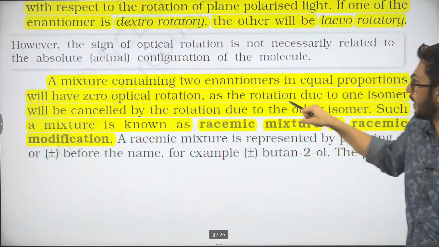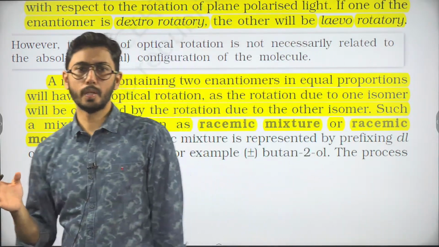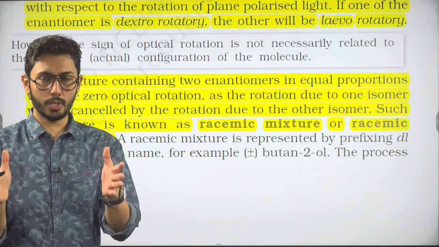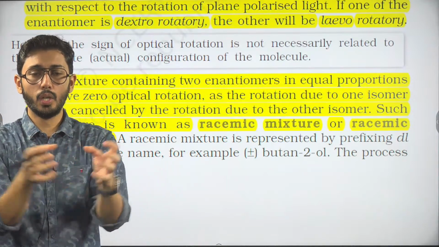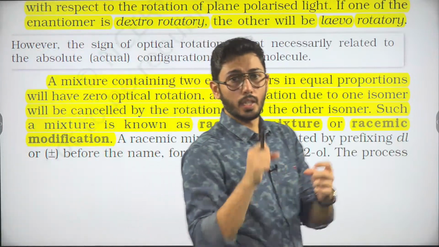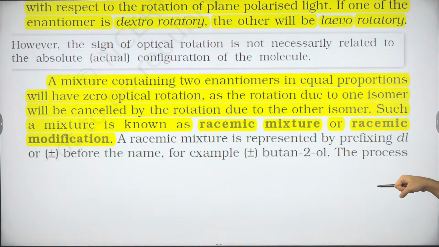Then the other point is racemic mixture. The definition is given here. What is the meaning of racemic mixture? An equimolar mixture of enantiomers, 50% dextro and 50% levo. When we mix these two enantiomers in equal proportion, the resulting mixture is known as a racemic mixture. And what happens due to that?